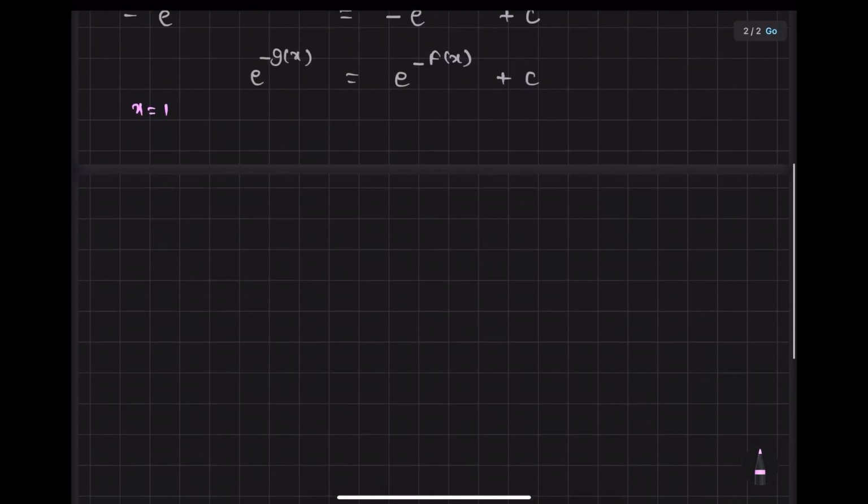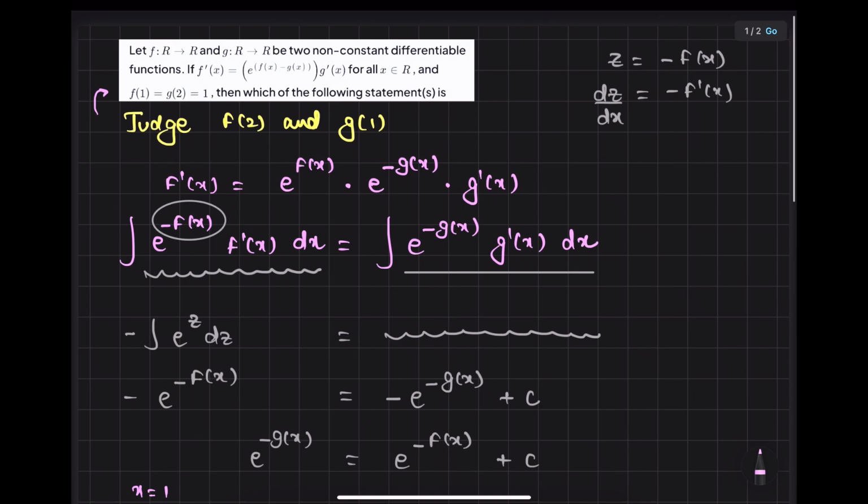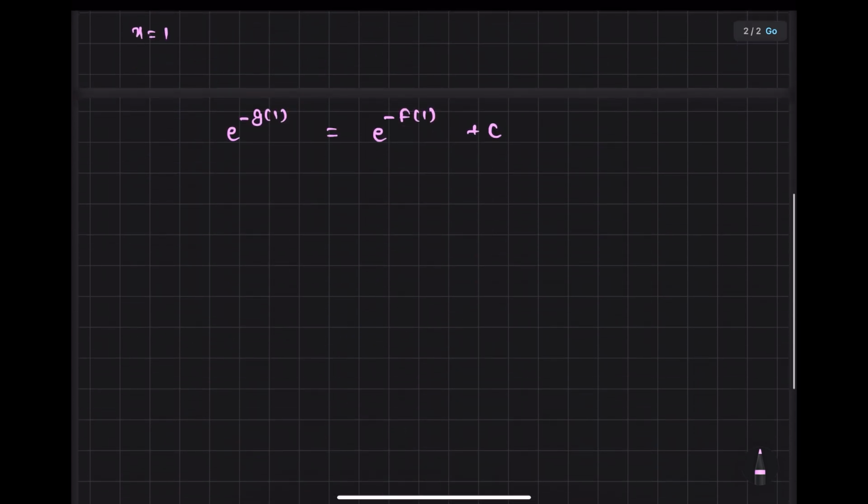Okay, so if you replace x with 1, we will have e power minus of g1 is equal to e power minus of f1 plus c. Now you know the value of f of 1 is 1. So we will write e power minus of g1 is equal to e power minus 1 plus c. Okay. So we have this as the first equation.